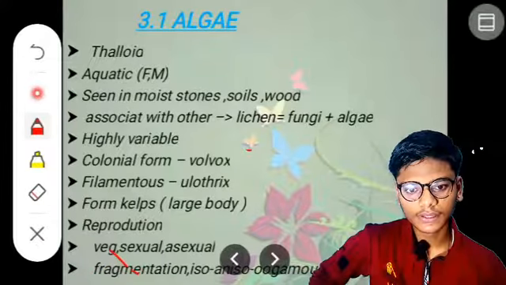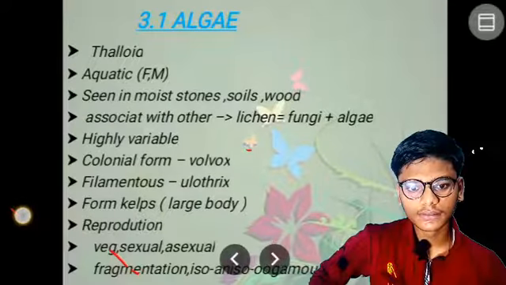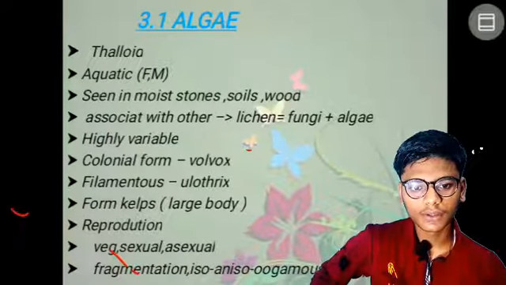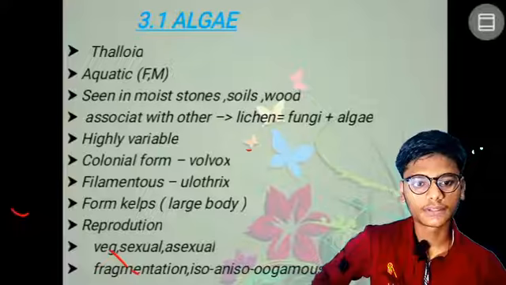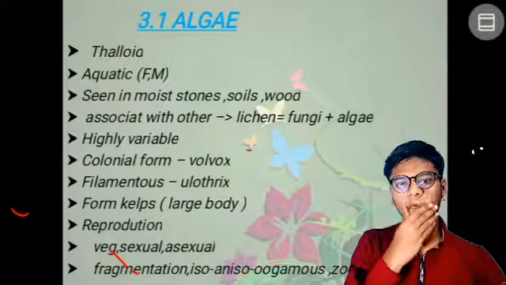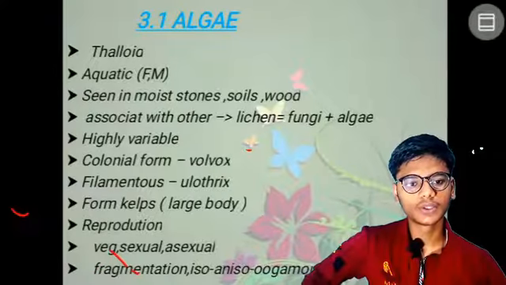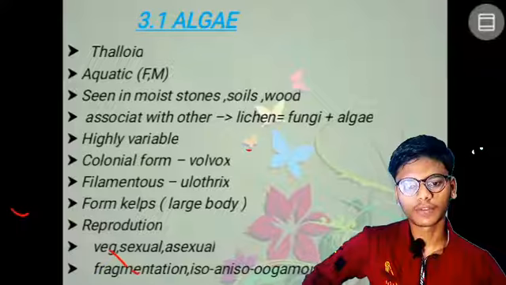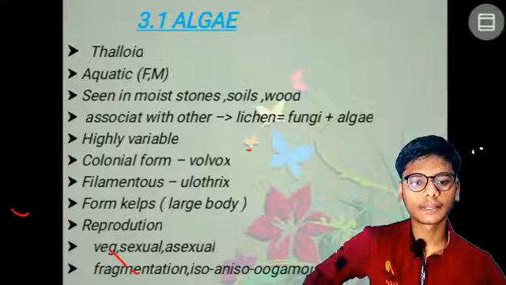In sexual reproduction you see isogamous, anisogamous and oogamous. These are the types of sexual reproduction. And in asexual, zoospores. So remember, in vegetative, fragmentation; in sexual, there are three types; in asexual, zoospores.